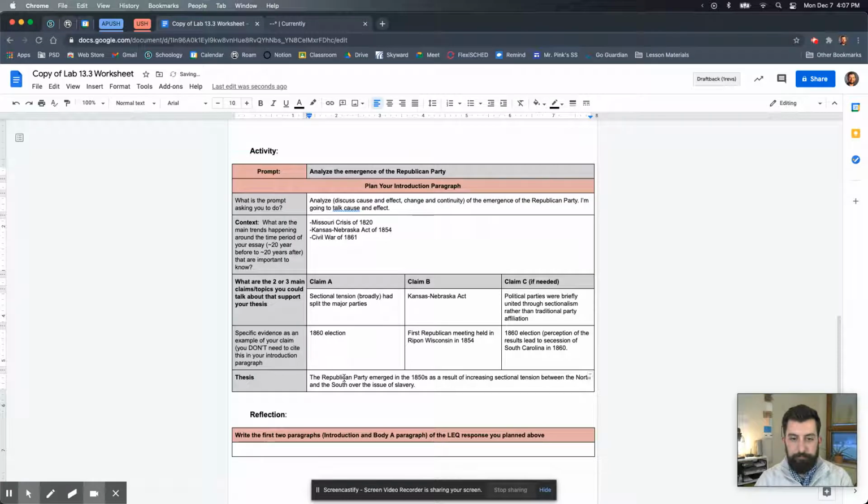Okay. So good, yeah. So I'm essentially making a causal claim that the Republican Party emerged as a result of increasing sectional tension, right? So I'm discussing cause and effect. I've got my claims and my supporting evidence. Bam. So this is my introduction paragraph.